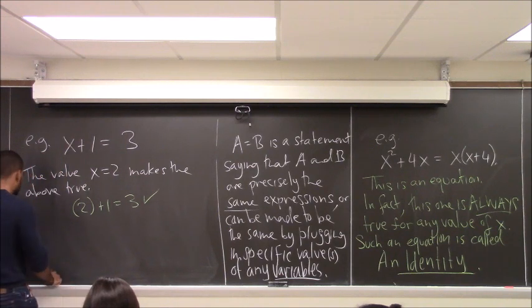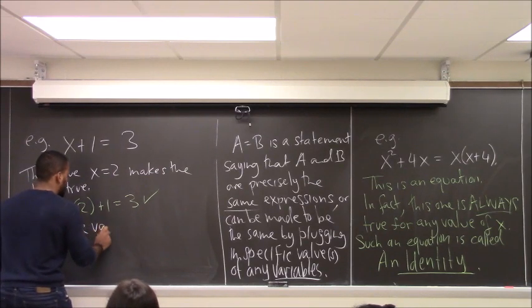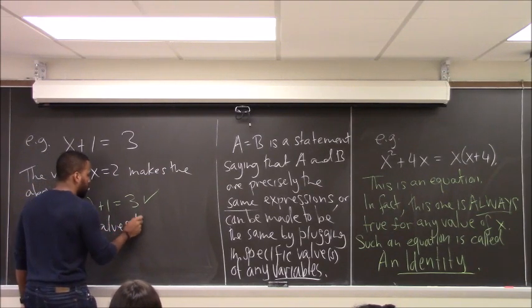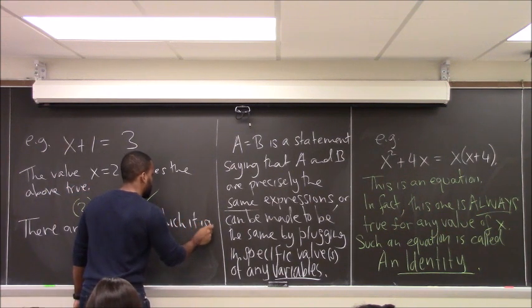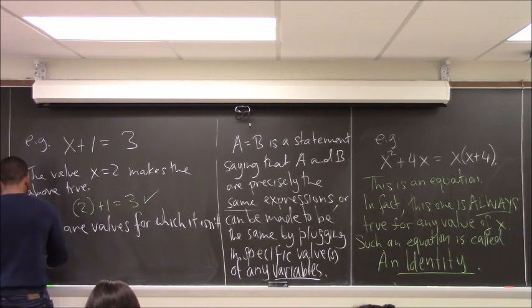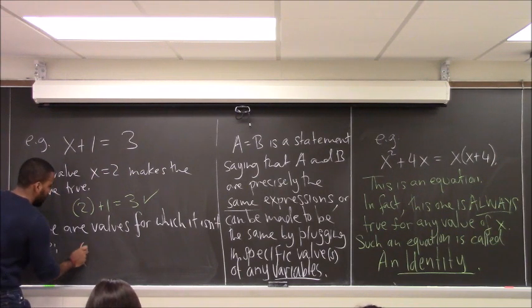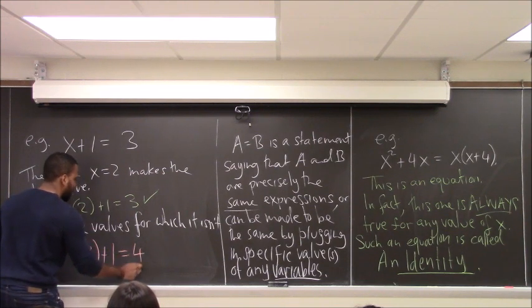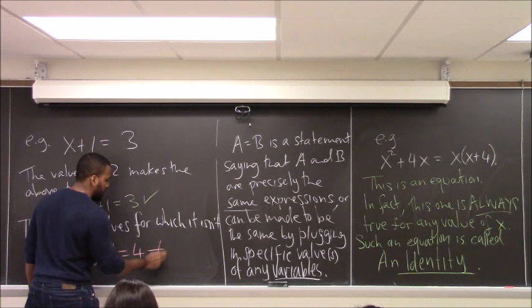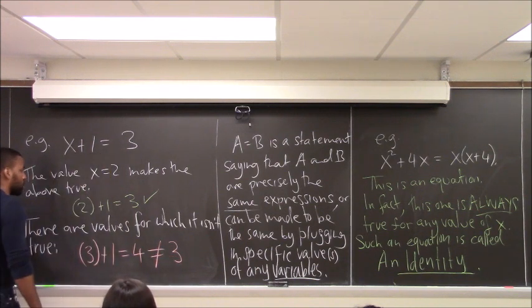That's a true statement. There are values that will not make it true. For example, I can plug in 3 for x, and I would get 4, and this is not equal to 3. So it means that this will not be true.